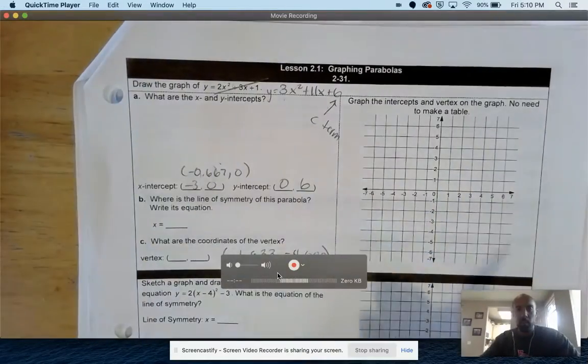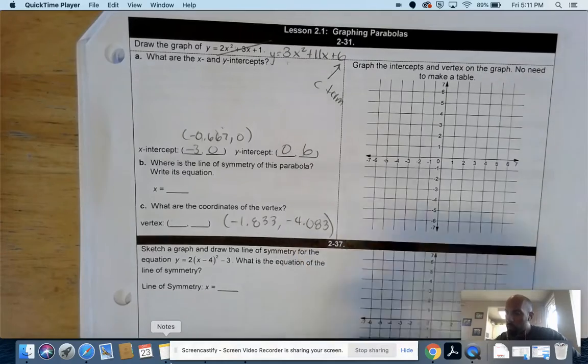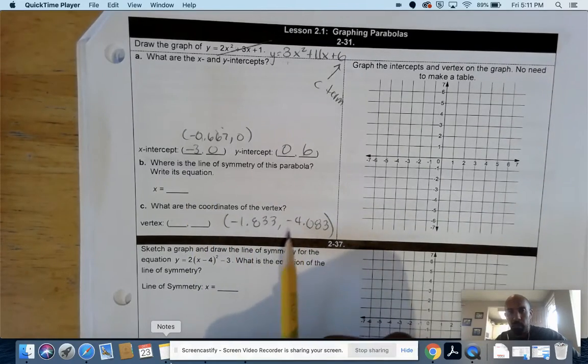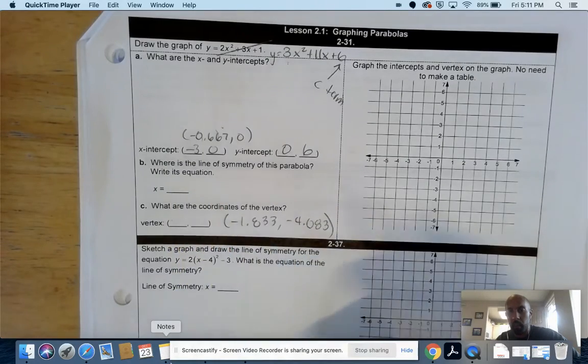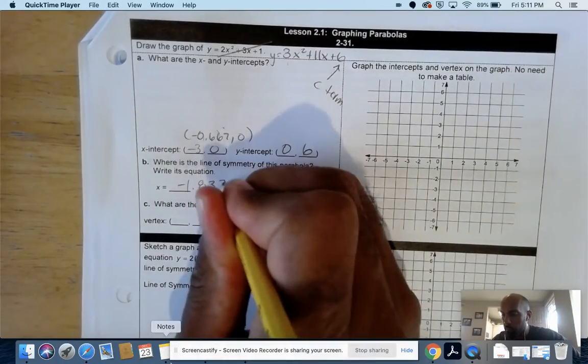Just remember that the vertex tells you what your line of symmetry is. It's basically just the x value of that, so it's just -1.833.